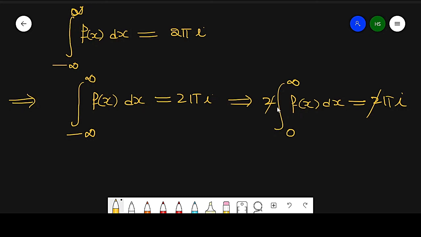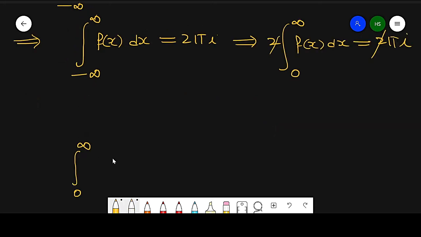Now substitute the value. What we get is the integration from 0 to infinity of e raised to power iota pi x over x into (1 plus x square) dx, which is equal to pi iota.